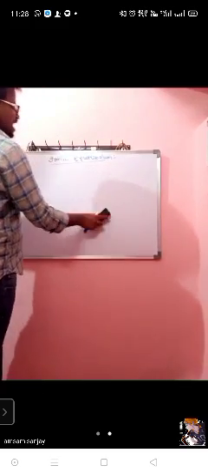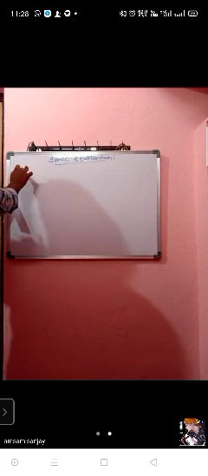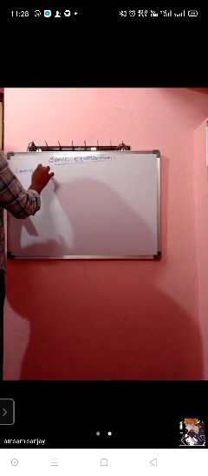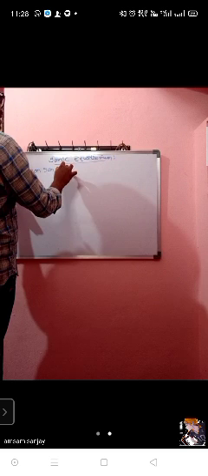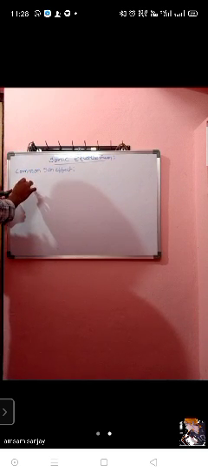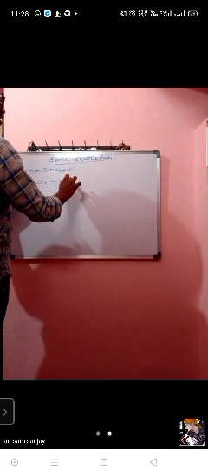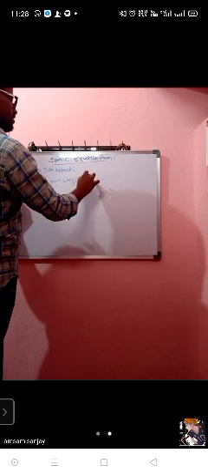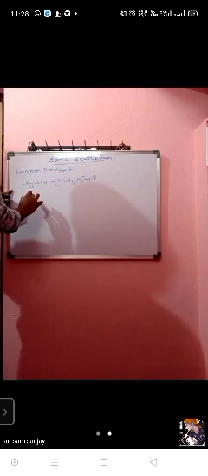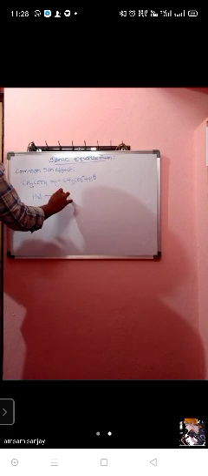Then common ion effect with solubility, common ion effect we did. For example, I said when talking about a weak electrolyte, for example a weak acid, it dissociates into CH3COO minus and H plus. To that, when I add HCl, what will happen?